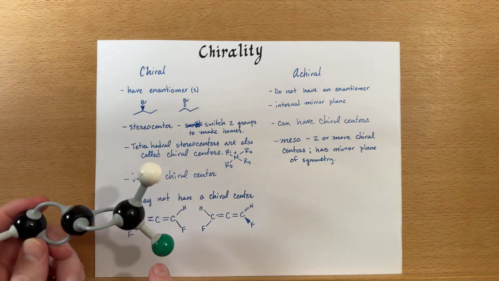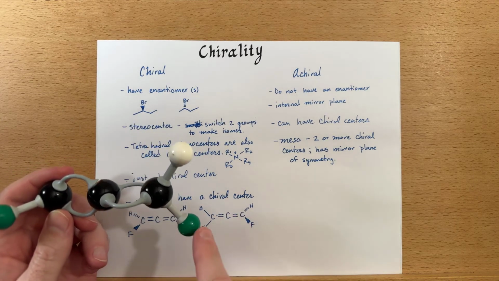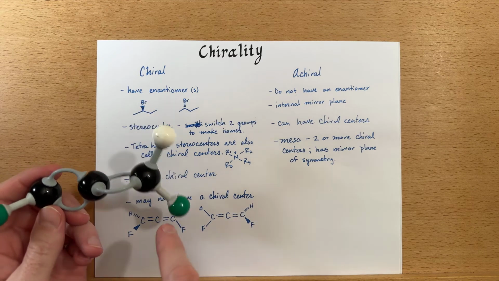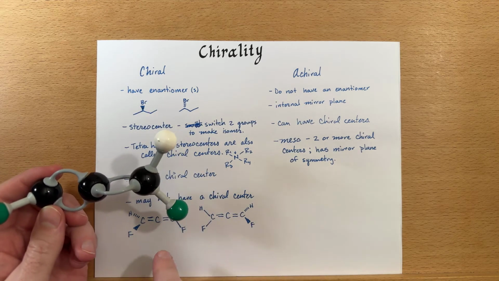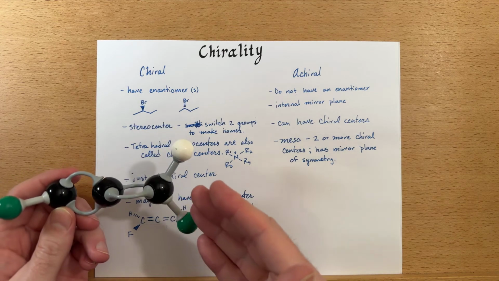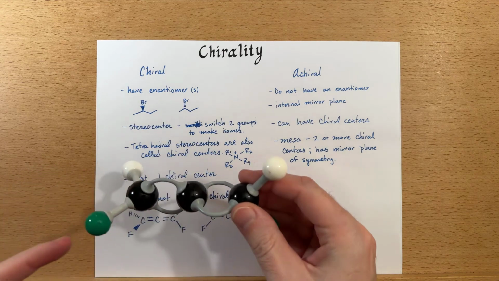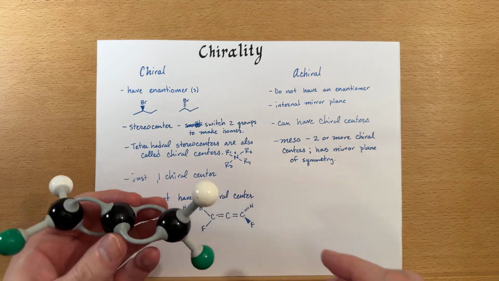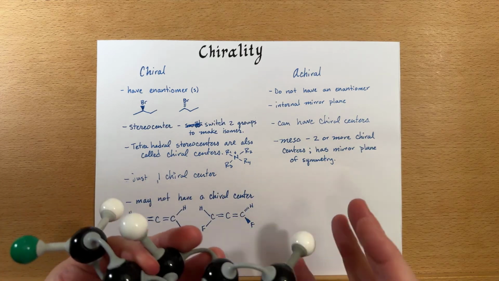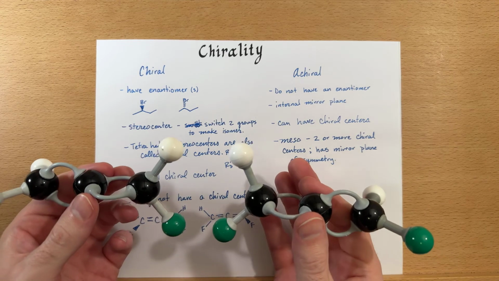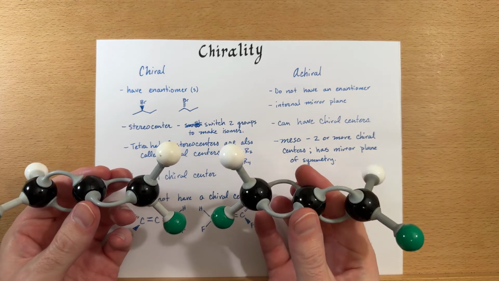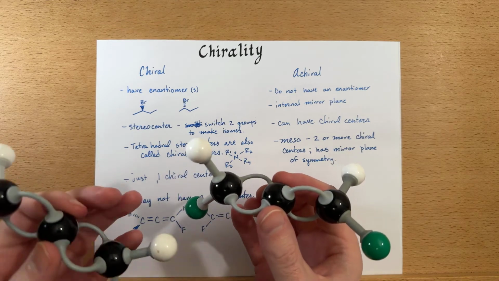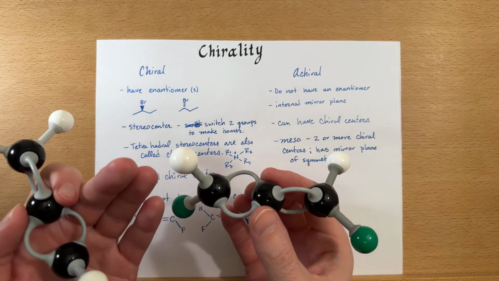So here's the one on the left. And you can see here, the fluorine is going down. It's in the plane of the paper. The hydrogen is going up in the plane of the paper. And then we have a fluorine coming out and a hydrogen going in. And I have constructed the mirror image of this. And you can see how all of these atoms are not contained within the same plane.